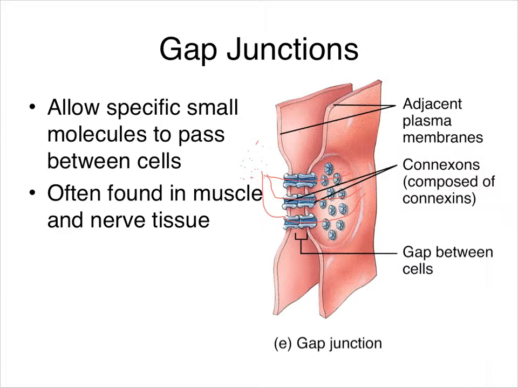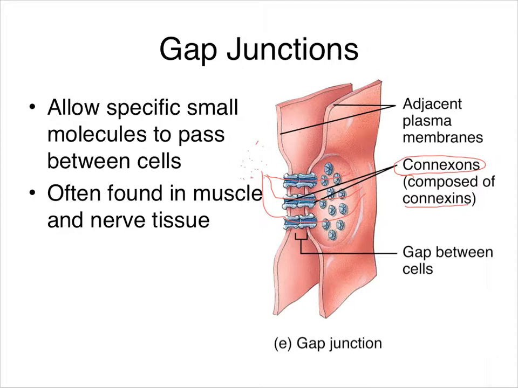The proteins that form the junction point in gap junctions are special tube-shaped proteins called connexons. And these connexon protein complexes are formed of the connexin protein.